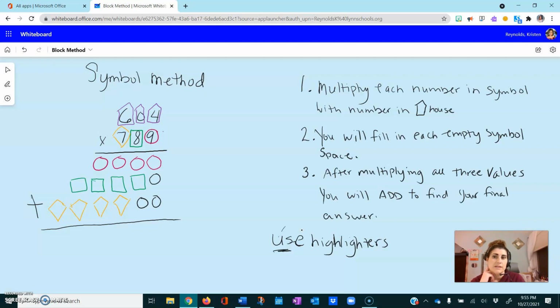Now you'll notice that as I went down each line, there's a black 0. I did that purposely because that is not a value of us multiplying the number that's in the symbol, that's in the number that they give us. That is simply to say, hey, I'm no longer in the ones place value.